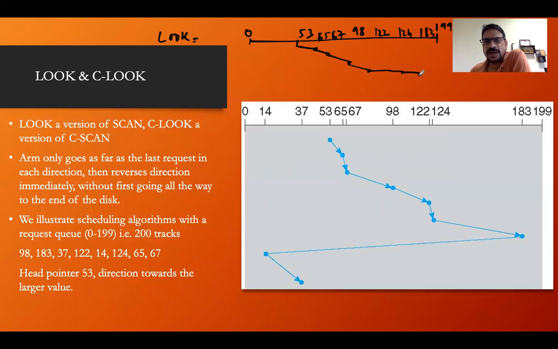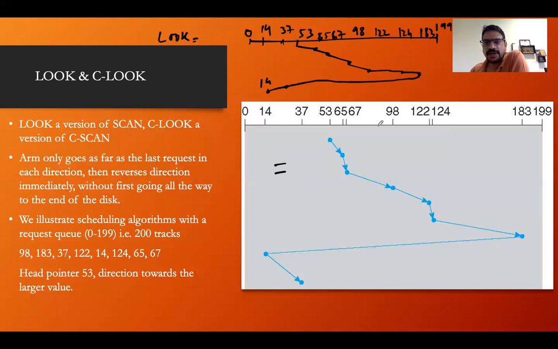From here again I'll move in the other direction and I'll first serve 37 and then I'll go to 14. So how much will it be for LOOK?